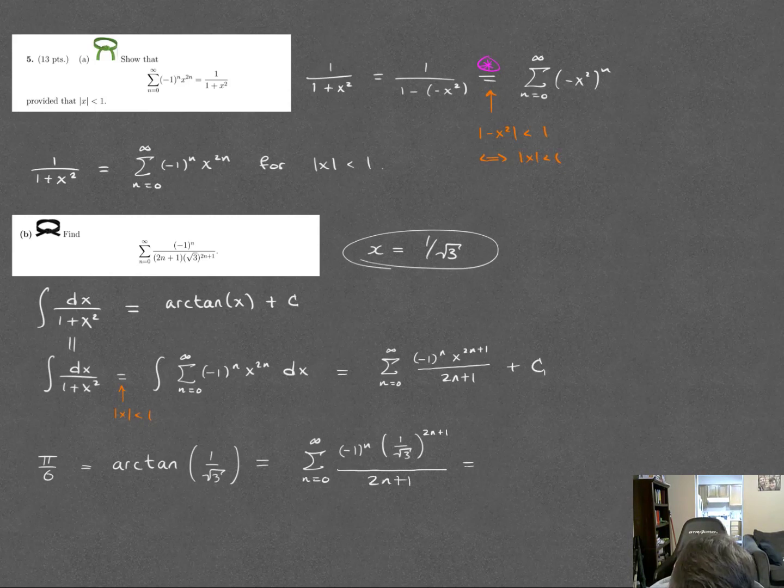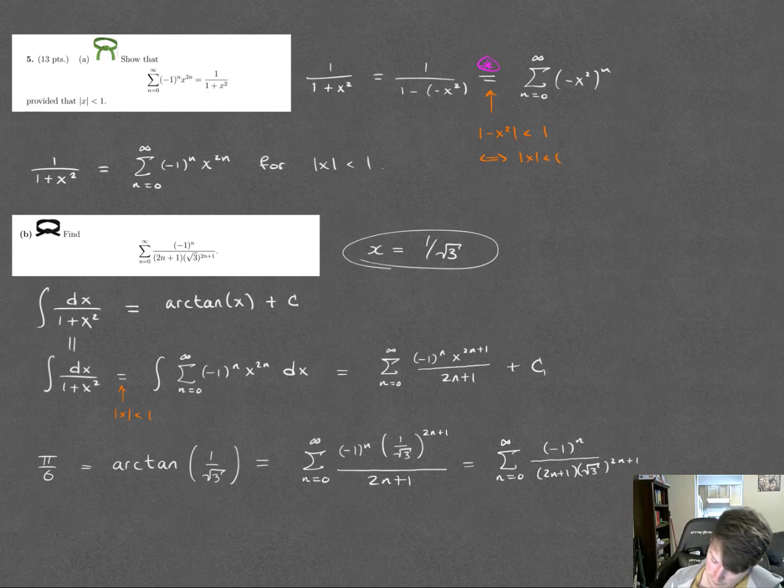So this is equal to the sum from n equals 0 to infinity of minus 1 to the n over 2n plus 1 times root 3 to the 2n plus 1. So this series here from part B actually converges to pi over 6.